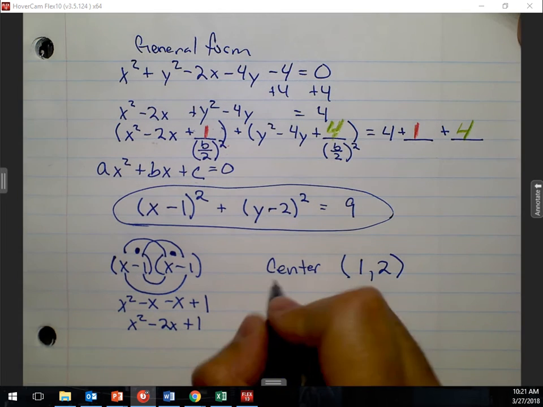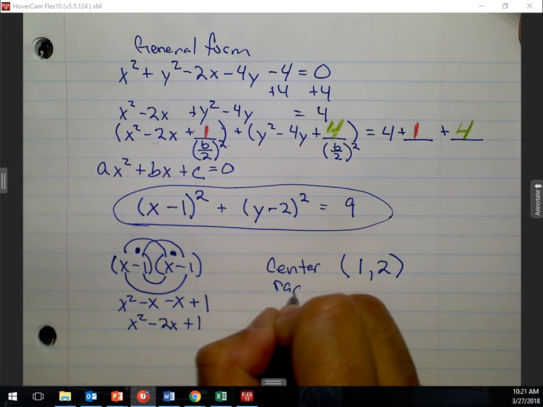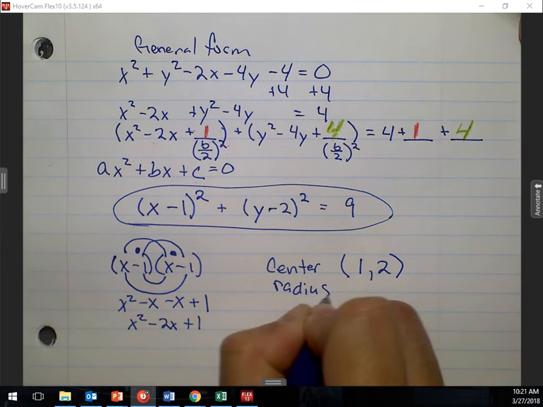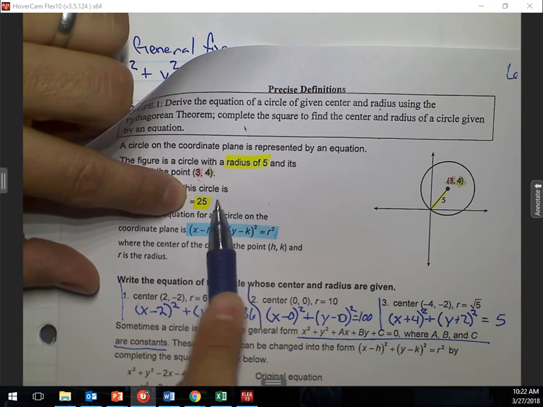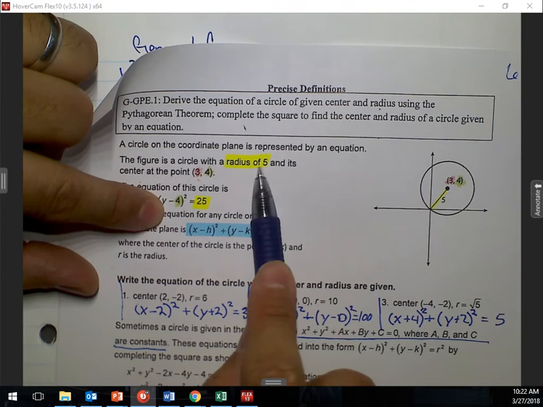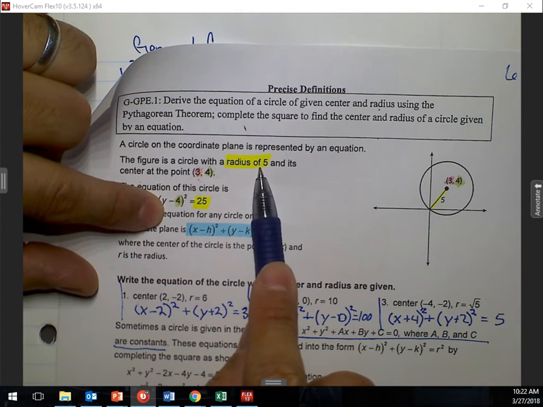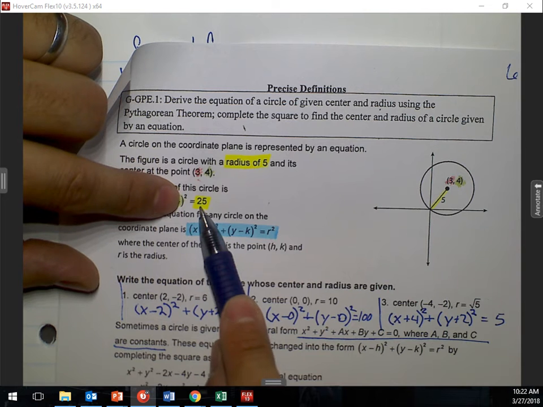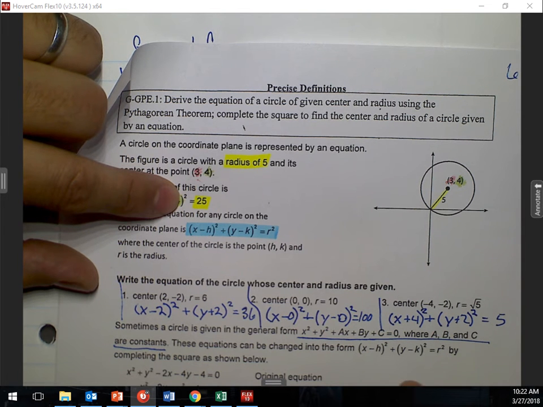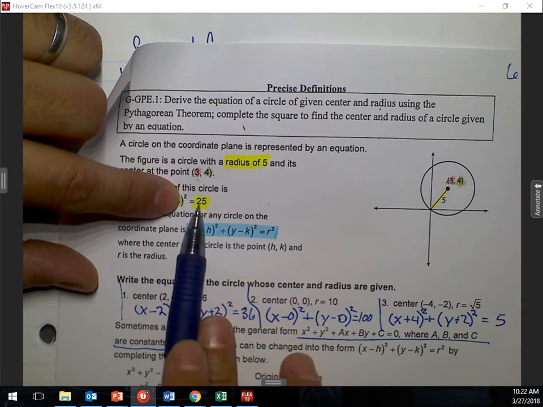My radius. Remember, right here I got 25 for this number. But the radius was 5, wasn't it? Because I took the 5 and squared it to get that. How do you undo a square? Square root. So the square root of 25 is 5.